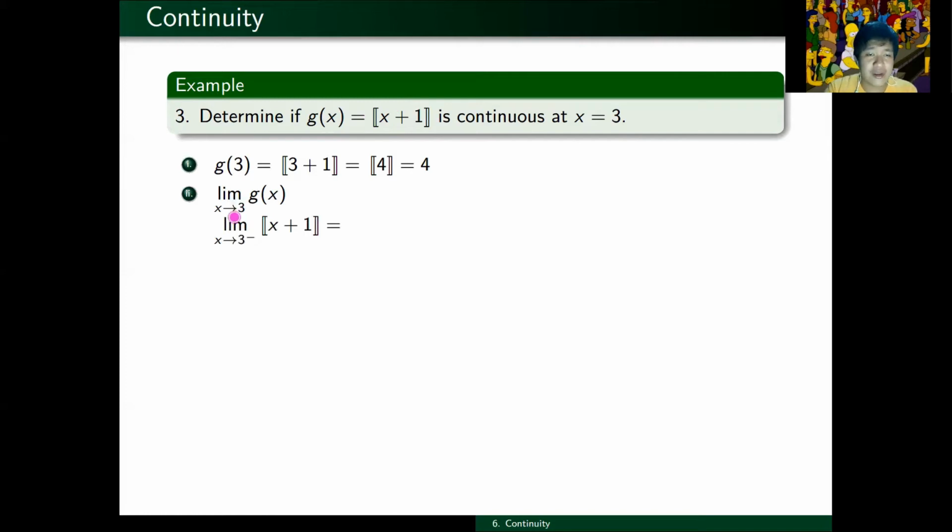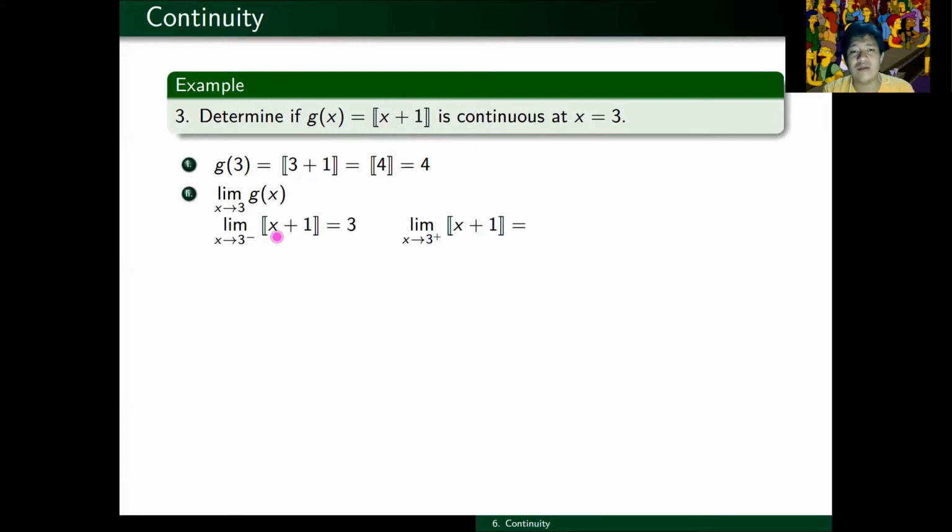Limit from the left, if you try to plug in values of x less than 3 here, halimbawa 2.99, you'll get GIF ng 3.99, that is 3.